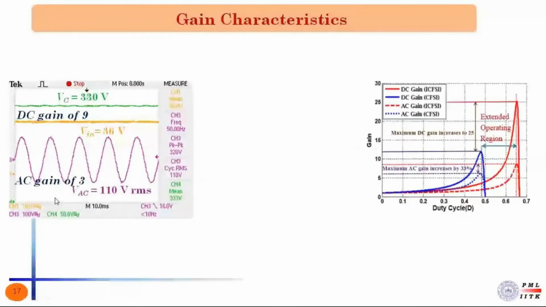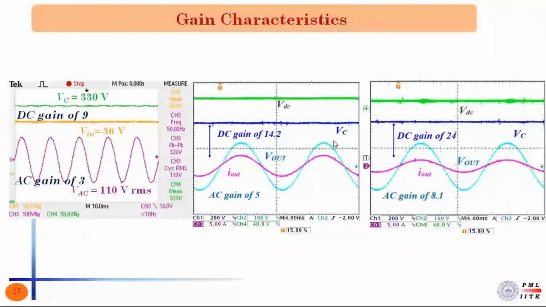Now these two here show the experimental waveforms of ICFSI, which captures the AC output voltage and the AC output current, the DC link voltage VC, and the input voltage VDC. In the first figure, the DC gain of 14.2 and AC gain of 5 is achieved, whereas in the second figure, DC gain of 24 and AC gain of 8.1 is achieved.